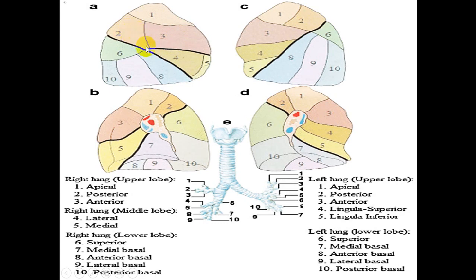Then in the middle lobe, we have two bronchopulmonary segments. So close to the anterior border is number 5, which is the medial bronchopulmonary segment, and the fourth one is the lateral one. Then the inferior lobe is divided into 5 bronchopulmonary segments.